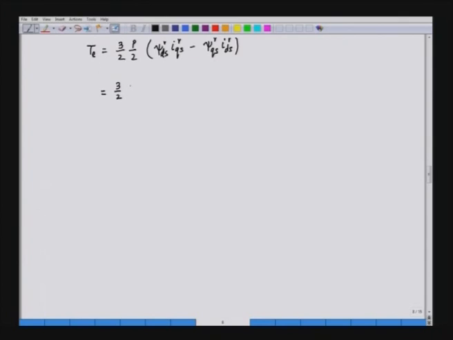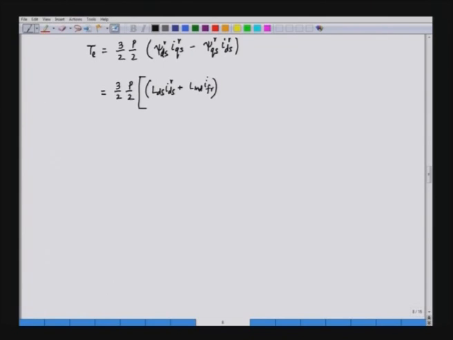So, 3 by 2 into P by 2. What is psi d s? Psi d s is given as L d s into I d s plus L m d into I f r, into I q s.